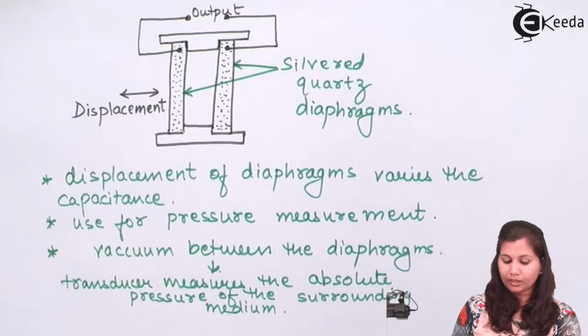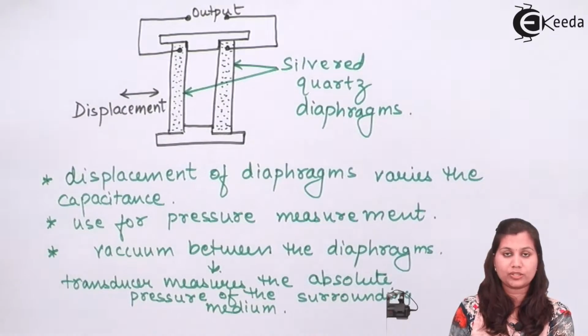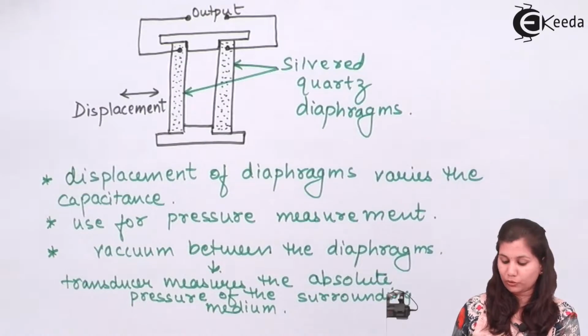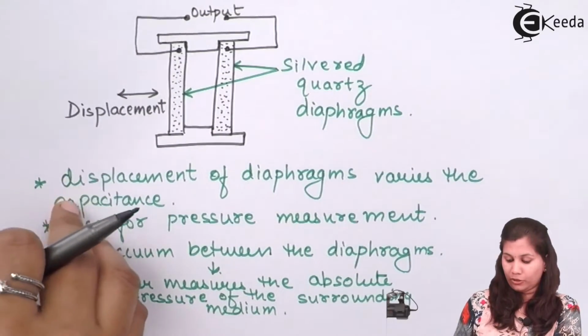Now we have seen that capacitive transducers can measure not only linear displacement but also rotary, or rotational, displacement. For the rotational displacement, let's see the diagram of how the capacitive transducer that uses the change in the distance between the plates can be used for the measurement of rotational displacement.